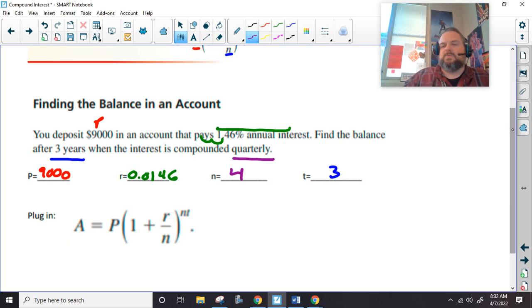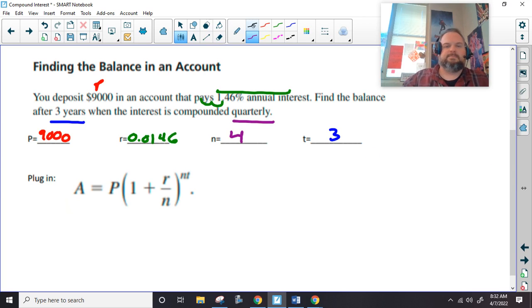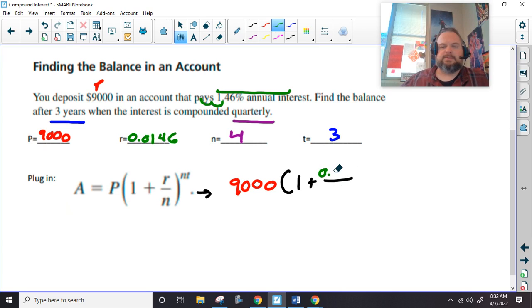All right, so when we're plugging this in, we got our 9,000, and we just have a 1 right here. Just a 1 because that's the formula. You just put a 1 right there for some odd reason.